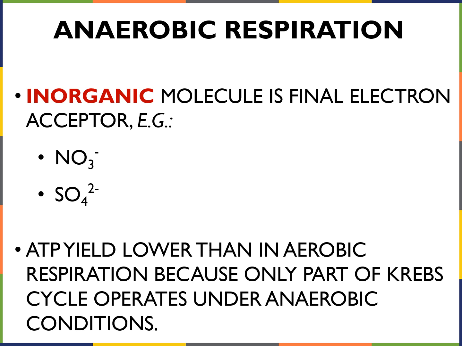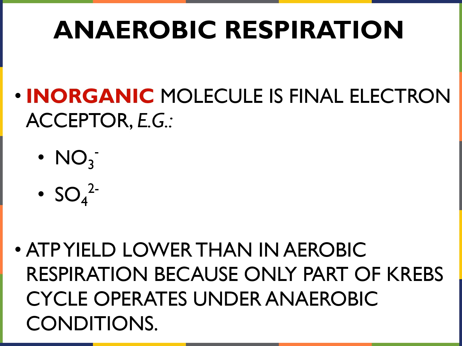Okay. So this is your second category of terminal electron acceptors that we've talked about. So again, to recap, your final electron acceptor for aerobic respiration is oxygen, always oxygen. Your final electron acceptor for anaerobic respiration is usually something nitrogen-based or sulfur-based.